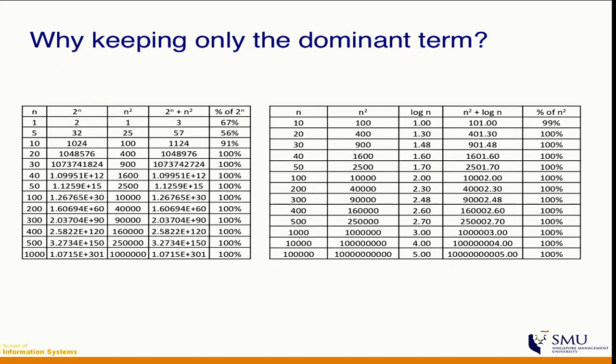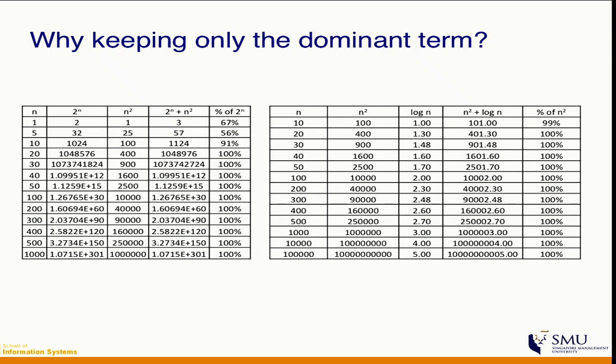Now, it comes down to the earlier point that we are making about how we want to push the input size to be as large as possible. That means we go all the way in the limit, what is it going to be? Now, this is an example. Okay, it's rather small. But let's assume that you're interested in 2 to the power of n and n squared, right? Now, as n keeps growing, your 2 to the power of n is growing in this way, which is very fast. N squared is also growing, but not anywhere as fast as 2 to the power of n. So if you look at the sum of 2 to the power of n plus n squared, because this number is much larger than this number, the sum essentially is dominated by only the first number.